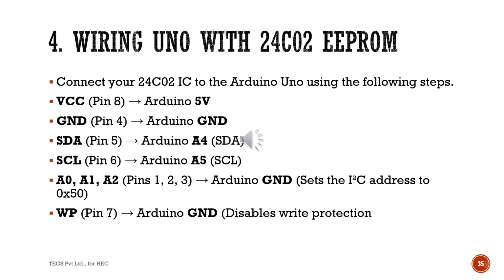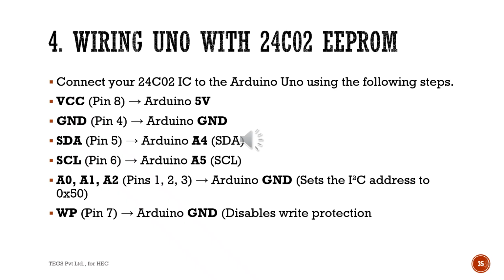The wiring of Uno with 24C02 external EEPROM. First step, connect your 24C02 IC to Arduino Uno using the following steps. Step 1. Connect VCC pin 8 of EEPROM to Arduino 5V power supply.